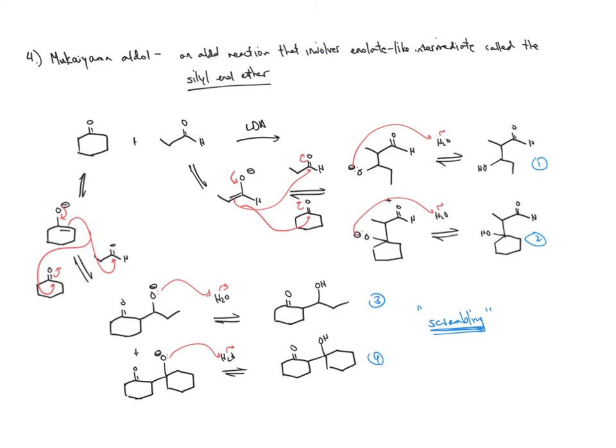Now we could avoid the formation of these 4 different products by doing a Mukaiyama aldol reaction. And so the solution to this is to form the silyl enol ether of this species. So let's take this ketone and make the silyl enol ether.